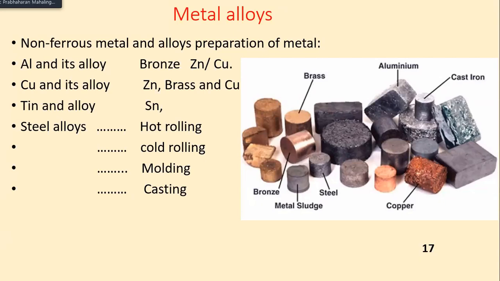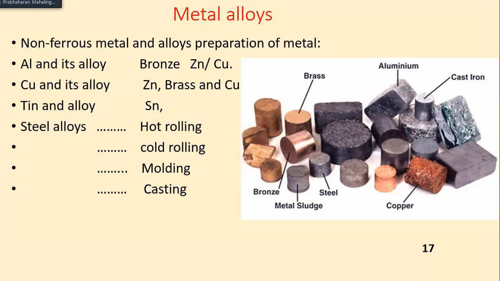Hot rolling, cold rolling, molding, and casting. These are some basic essential operations with metal. Hot rolling, right? Cold rolling, the rolls you know, rolls, right? Hot rolling means we have to work with this metal at the time of heating.